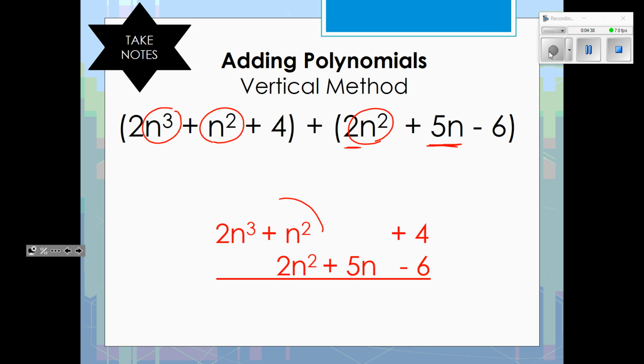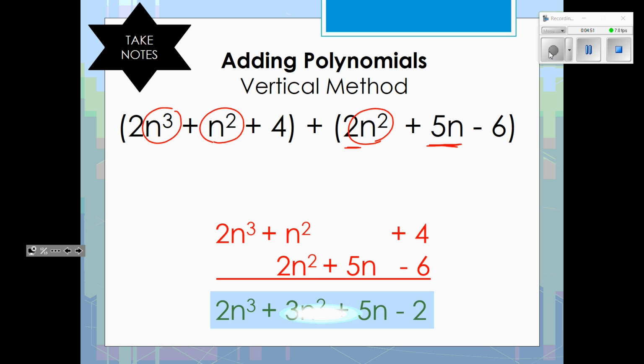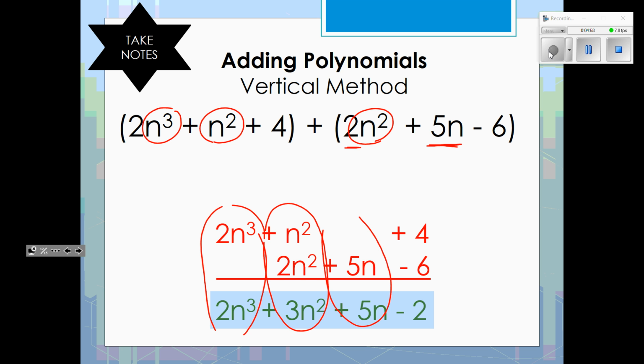So I put the n squared term underneath this one. This one goes underneath a space since there was no n term, and here's the constant. So it's just a way to organize the 2 polynomials, lining up like terms, and then you just add down the columns. So you would have 2n cubed in this column, 3n squared plus 5n minus 2.